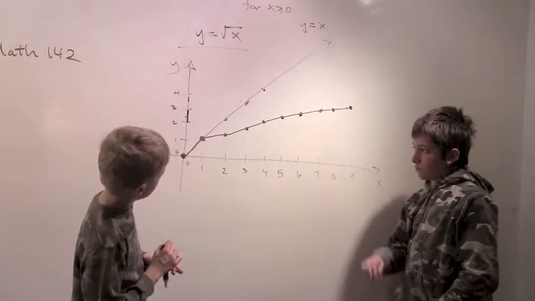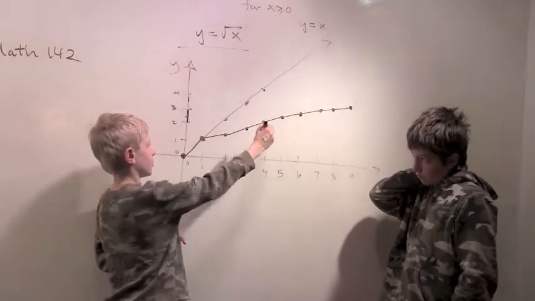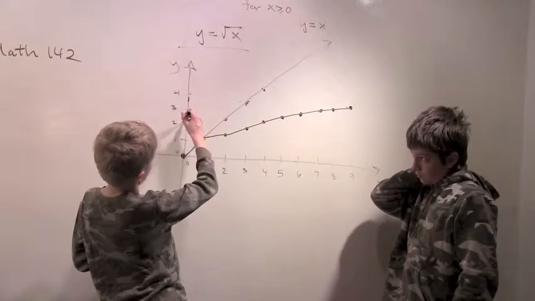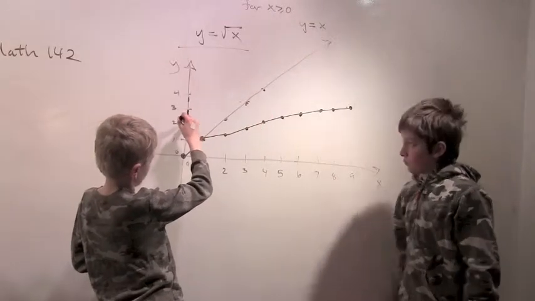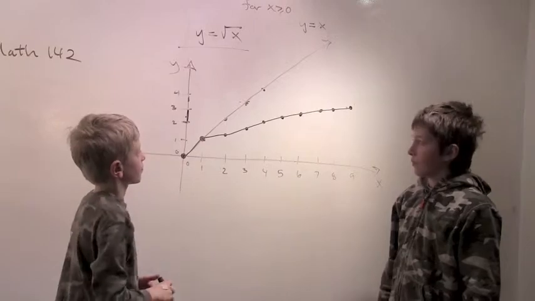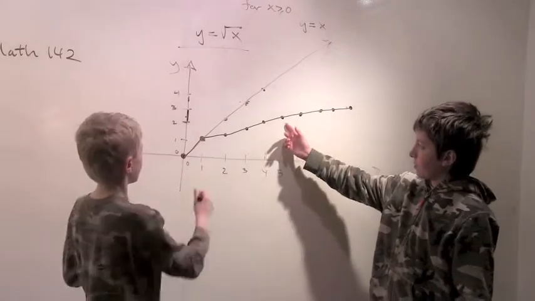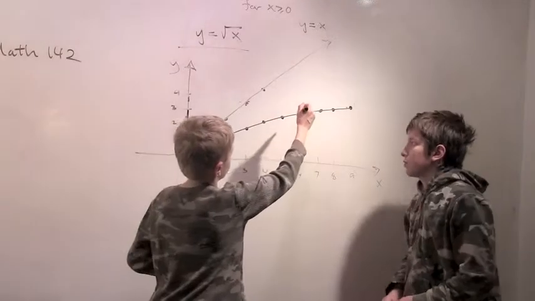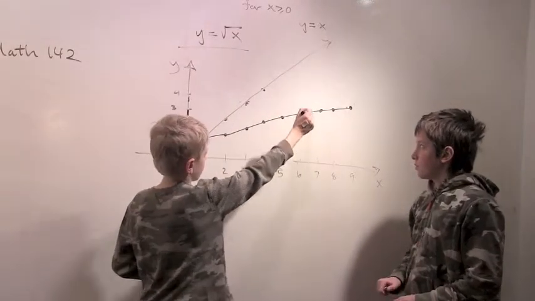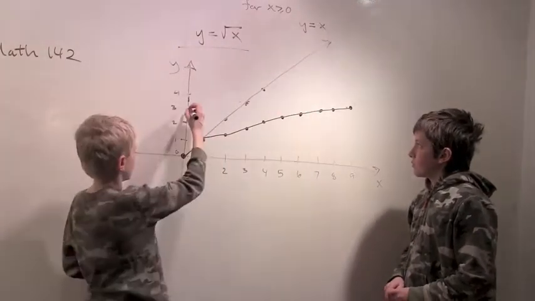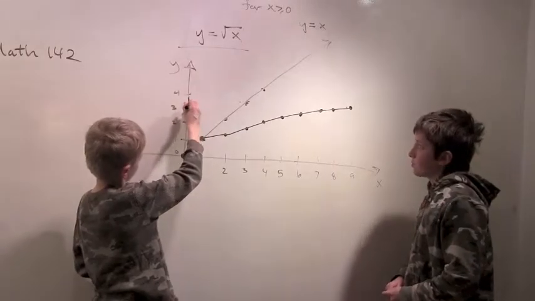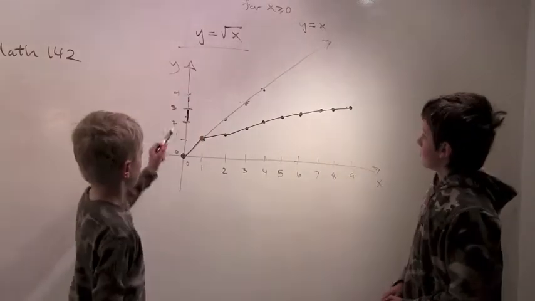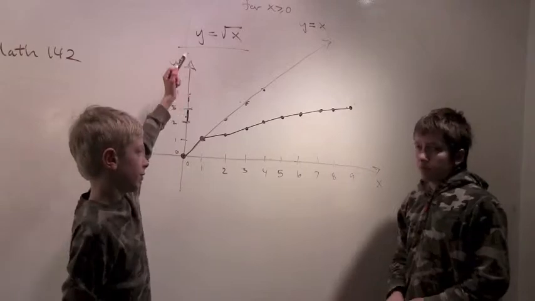But then the square root of 4 is 2, so it'll be at this mark. And the square root of 5 is larger than 2, in between 2 and 3. And so is the square root of 6, and the square root of 7, and the square root of 8, and the square root of 9 equals 3. And if we kept going, we would keep going up the y axis.